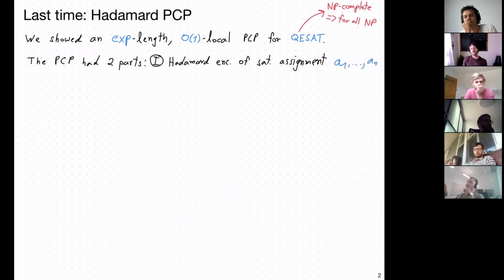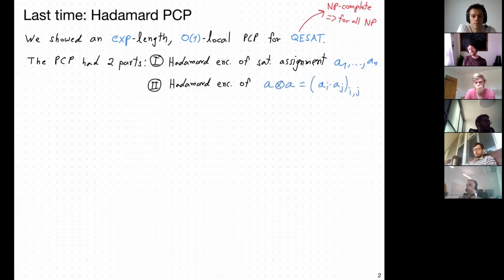The PCP that we had consisted of two parts. The first part was a Hadamard encoding of some satisfying assignment. We have this bunch of quadratic equations, and we know that if we give the first variable the value A1, the second variable the value A2, and so on, that is a satisfying assignment. We encoded this using the Hadamard code, which essentially means taking all possible linear combinations of A1 to AN, all 2 to the n, or F to the n, different linear combinations, and including them.